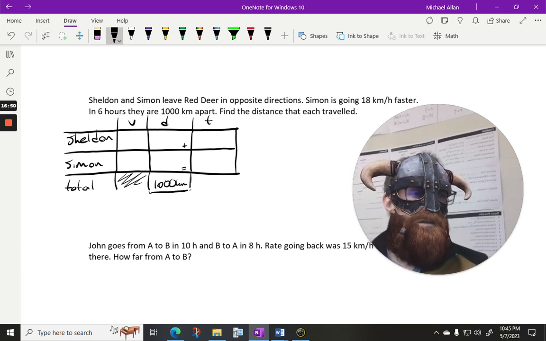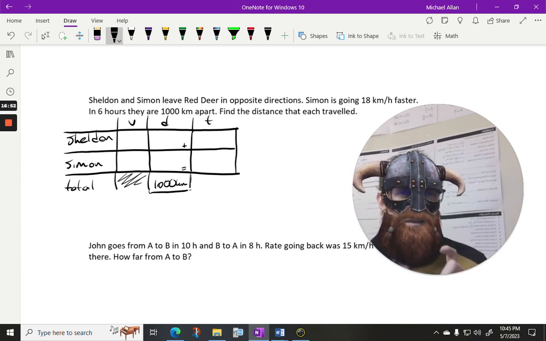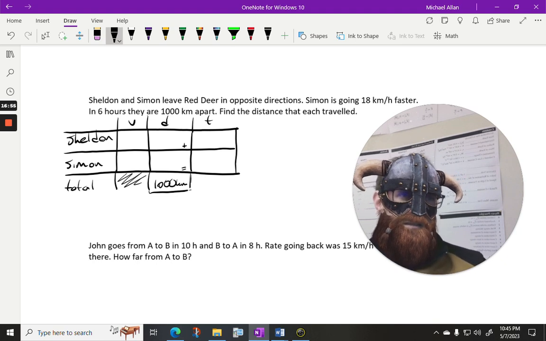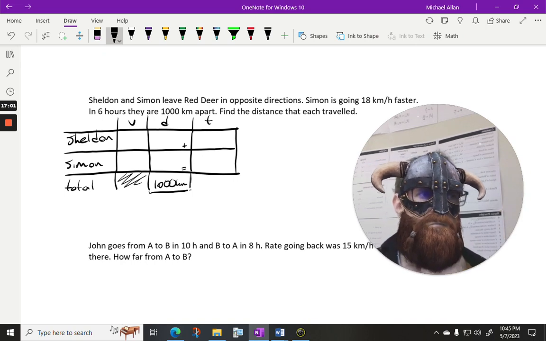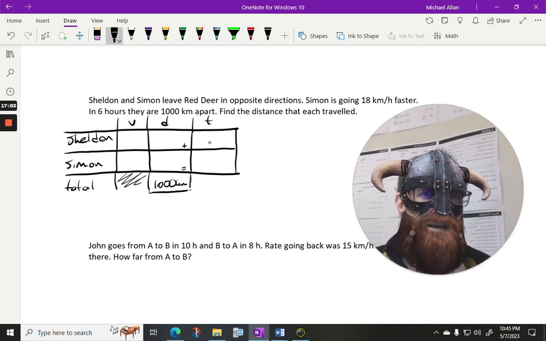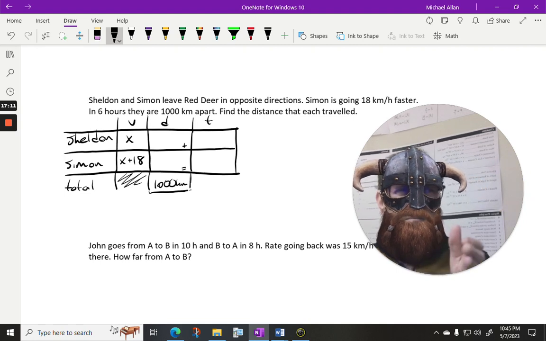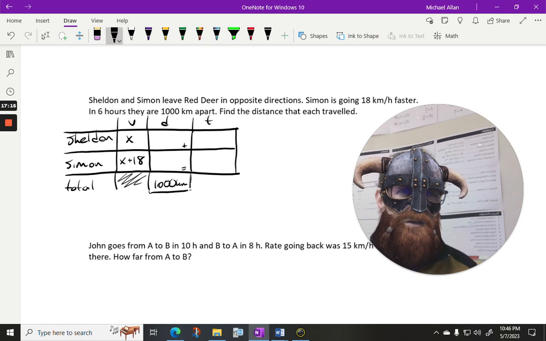Okay, so let's see how we can relate everything together here. So it says Simon is going 18 kilometers faster, not 18 times faster, just 18 kilometers per hour faster. So if Sheldon was going x, then Simon would be going x plus 18, because 18 faster kilometers per hour.